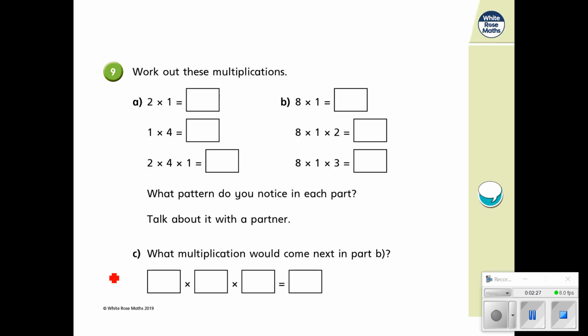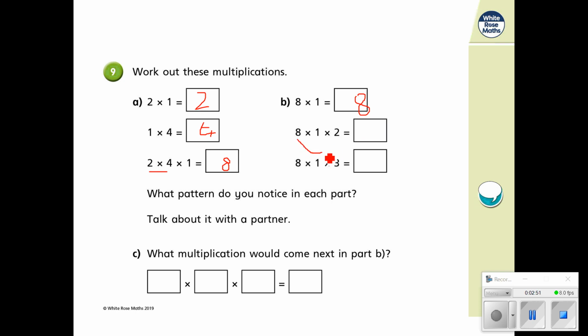Work out these multiplications. Let's do them quickly. 2 times 1 is 2. 1 times 4 is 4. Sorry, it's very hard writing on here. 2 times 4 times 1. So I'm going to do 2 times 4, which is 8, times that by 1 is 8. 8 times 1 is 8. 8 times 1 times 2.